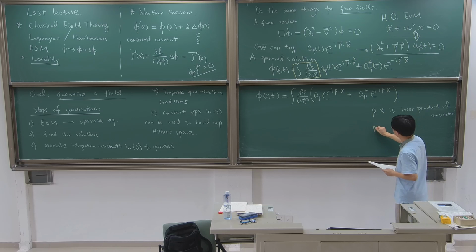In particular, this p^mu as a vector will be omega, p vector.